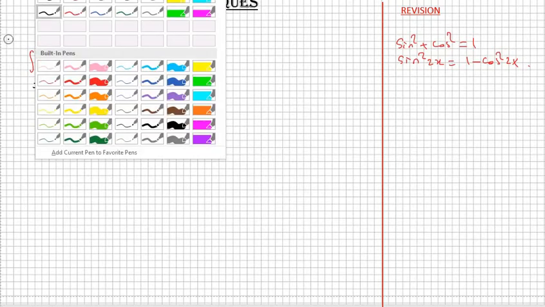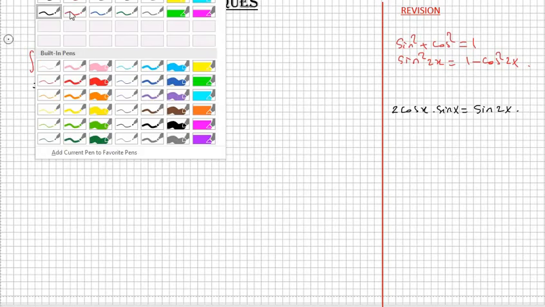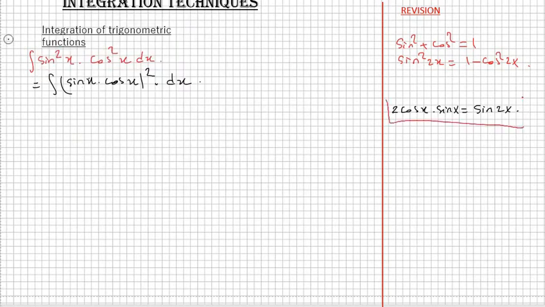So I'm gonna use a trigonometric relation of the product of sine and cos. So you know that 2 cos x multiplied by sine x gives sine 2x. So this is the relation you also have to know. It's very important.